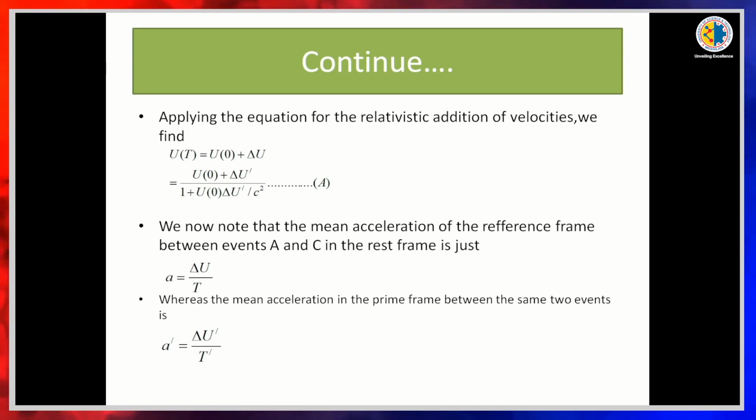We now note that the mean acceleration of the reference frame between events A and C in the respective frames is just a equal to delta u by t, and a dash equal to delta u dash by t dash. So, we get two mean accelerations, a and a dash.